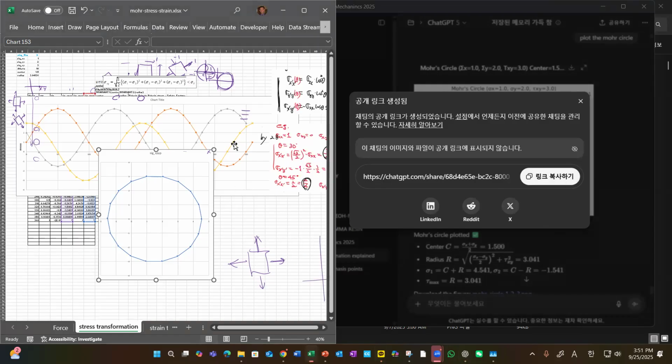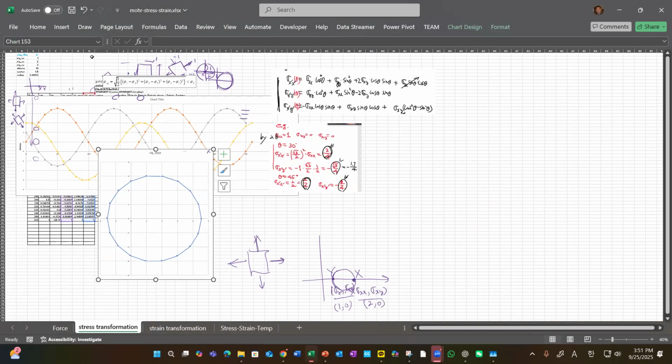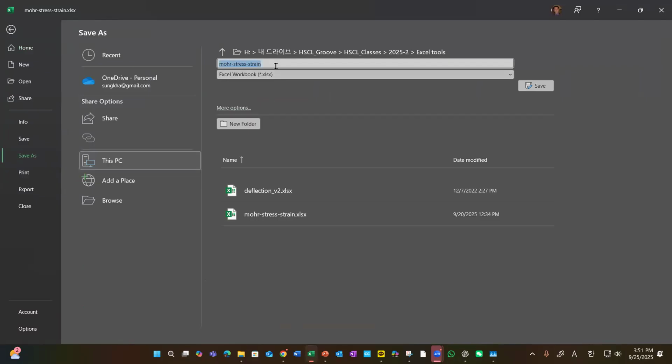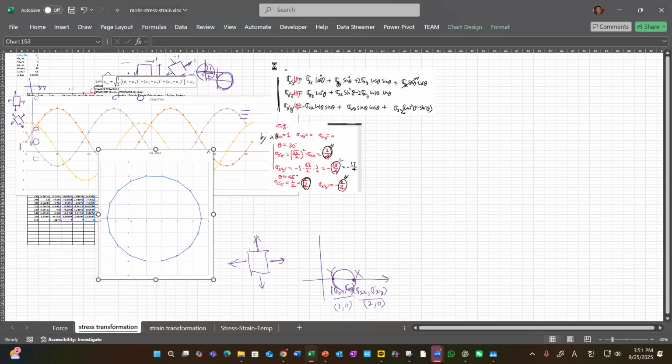And I also copied this Excel, with a little bit different versions, version 2. And then, as usual, I will make the YouTube class. Okie dokie. That's all I like to share with you today.